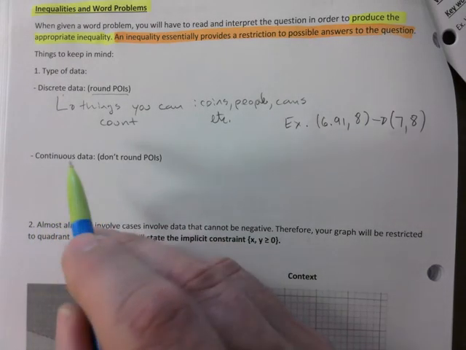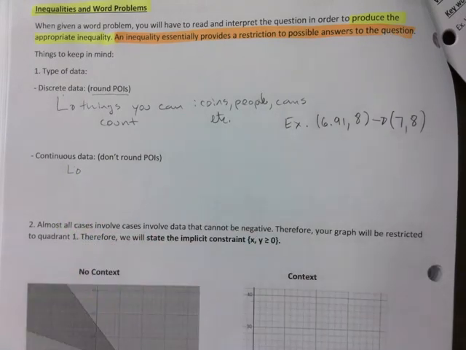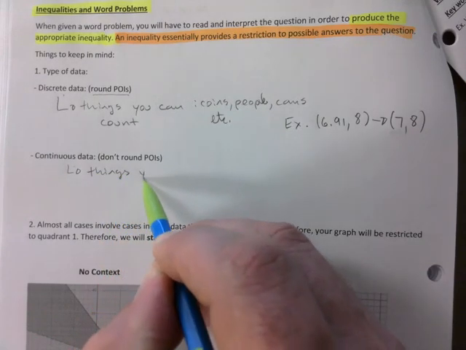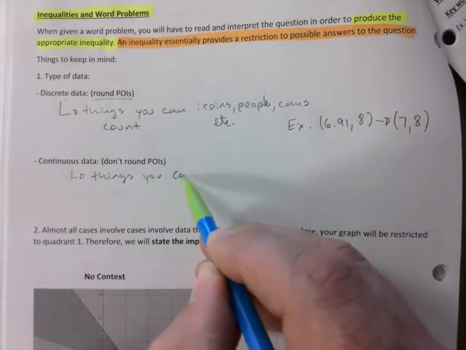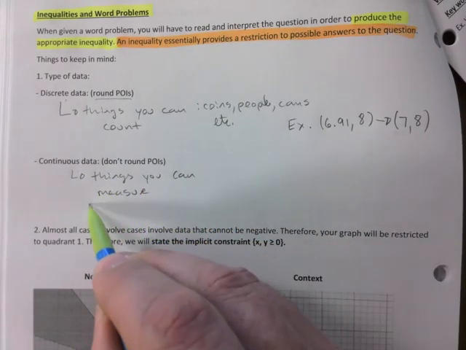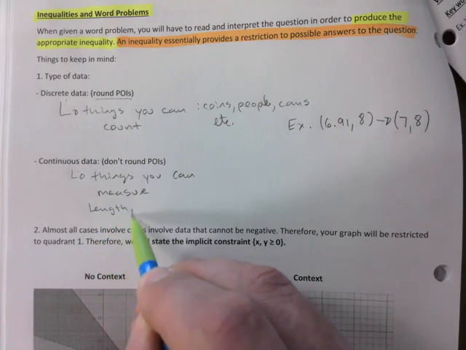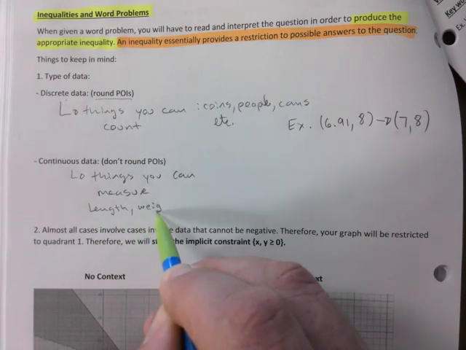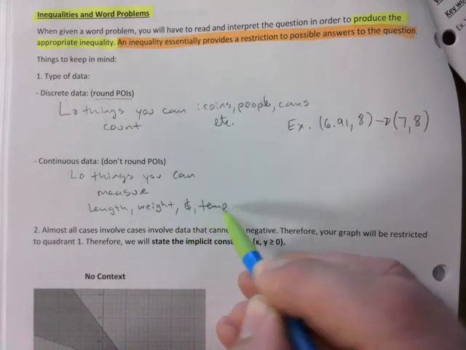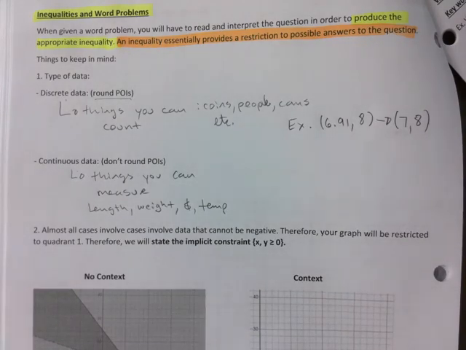Continuous data, you don't have to round. So anything that you can't count, that you measure, things you can measure, like length, weight, money, temperature. You're like, you can count money.